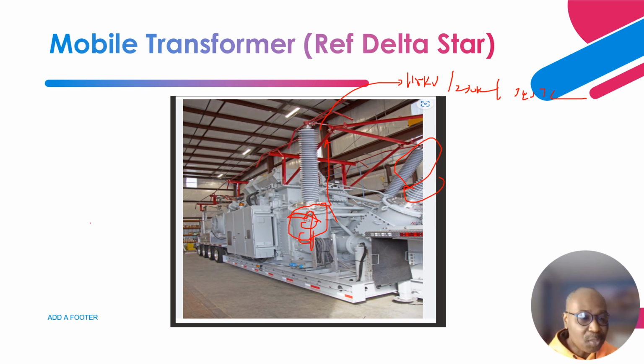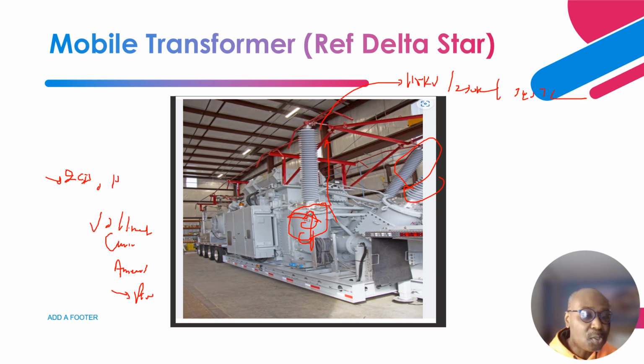The first CT is used for metering, a current transformer used for an ammeter, and the second one is for protection. So you have, like I said, 2 CTs.